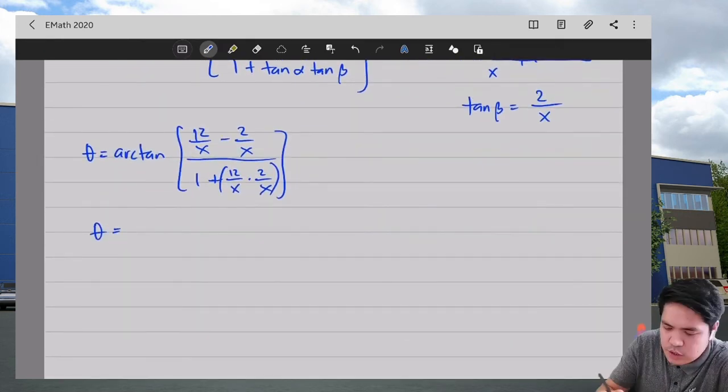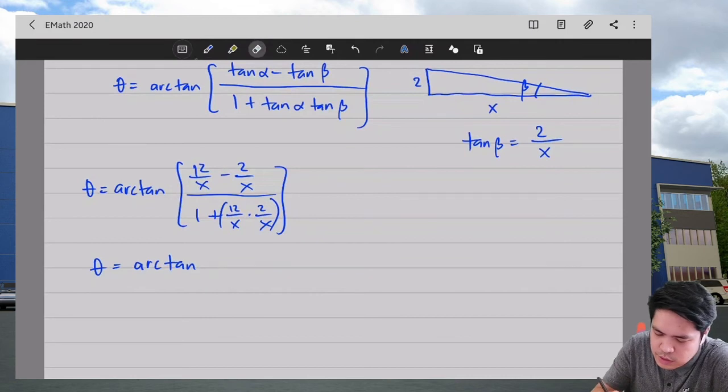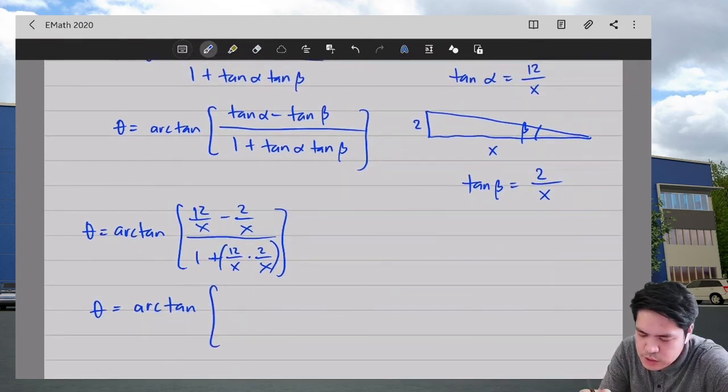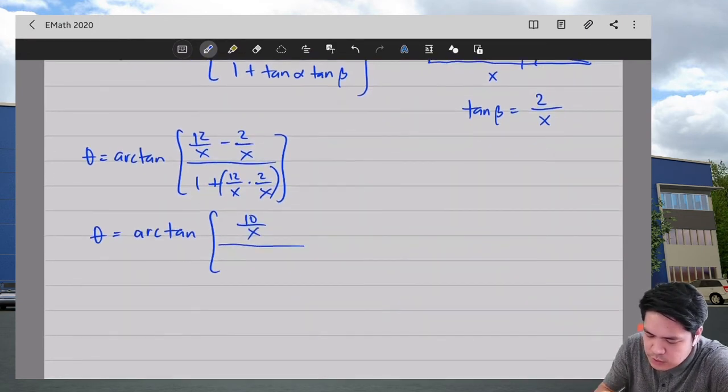You can try. Trigonometric functions only, but use implicit differentiation. Sorry. Arc tangent of 12 over x minus 2 over x, that's 10 over x, divided by, let's go straight.